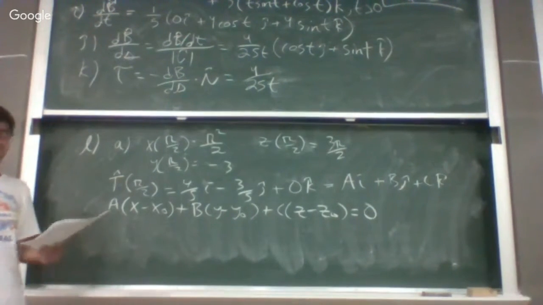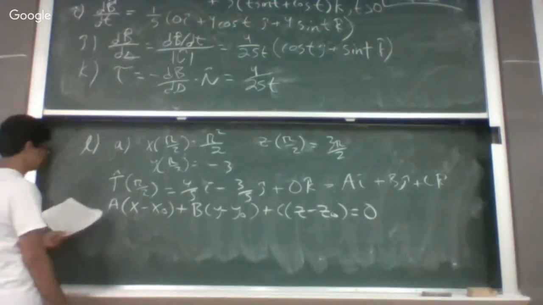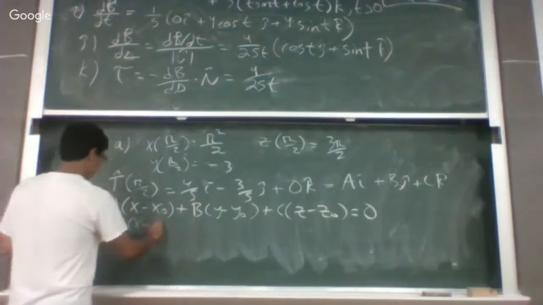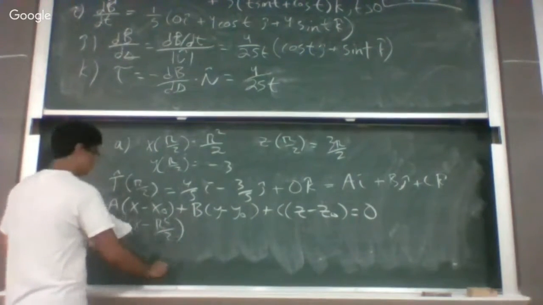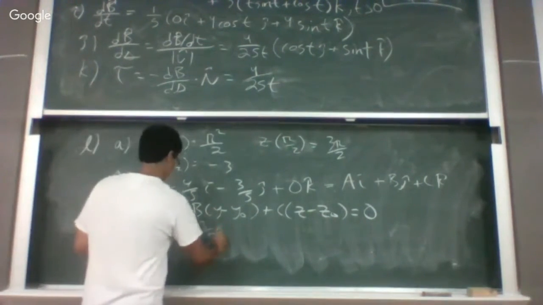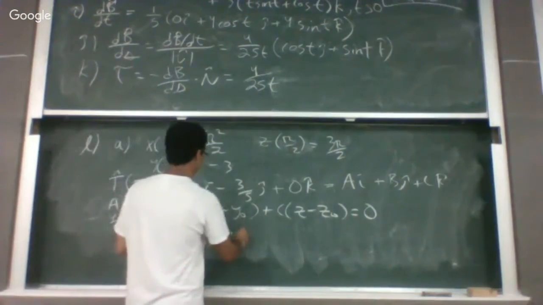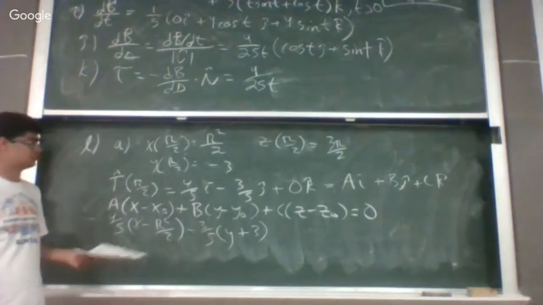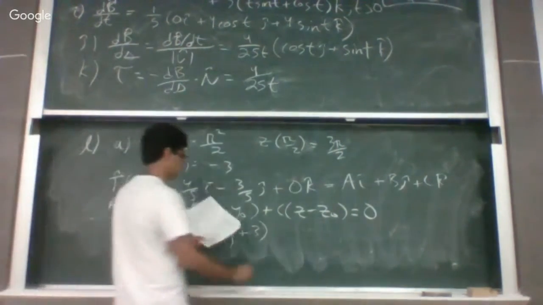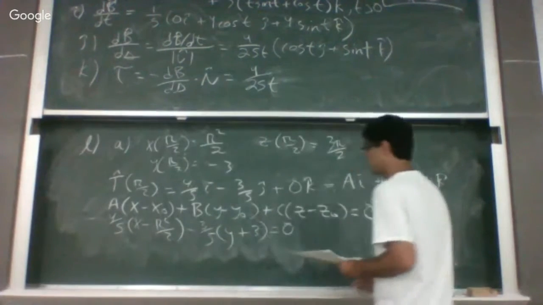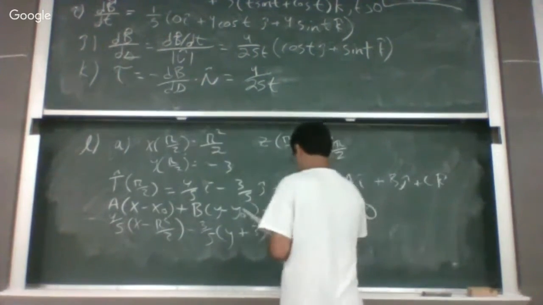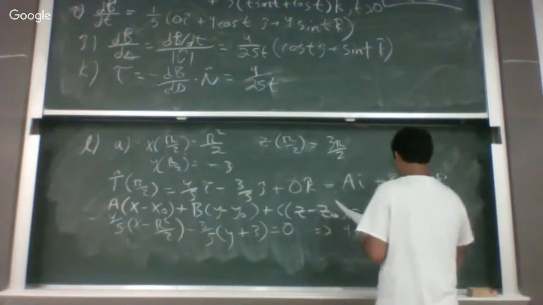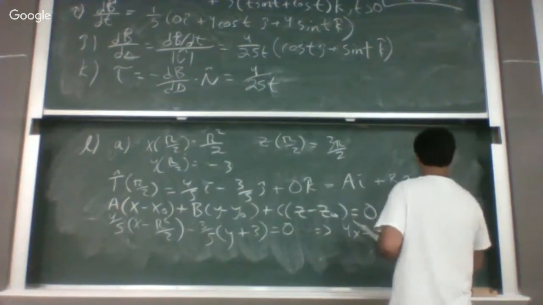It was the very beginning of Calc 2. Yes, it was. Okay. A is 4/5. So then we have x minus pi squared over 2. B is negative 3/5. So then we have y, y naught is negative 3, so y plus 3. And then we have 0 for the k component, and we set this equal to 0. When we solve it out, we get 4x minus 3y equal to 2 pi squared plus 9.